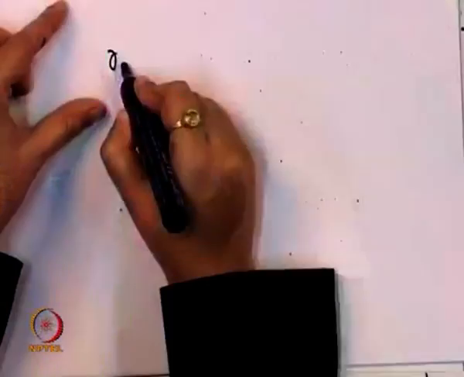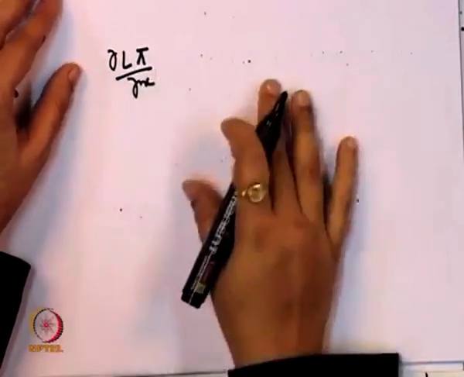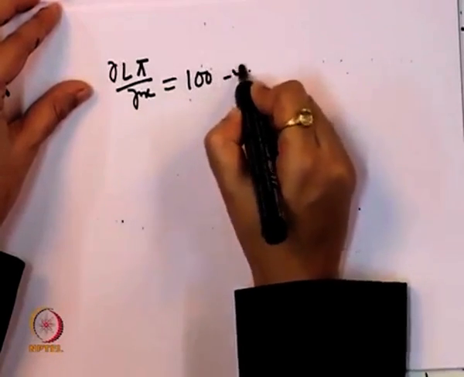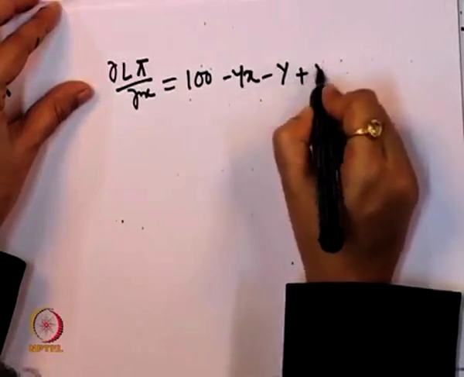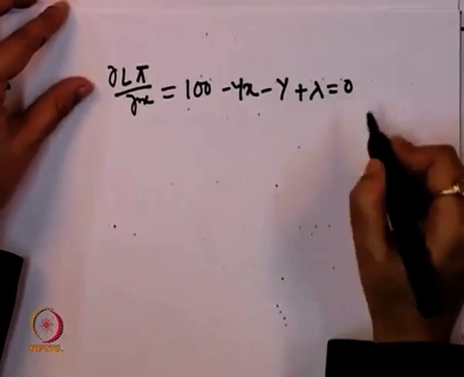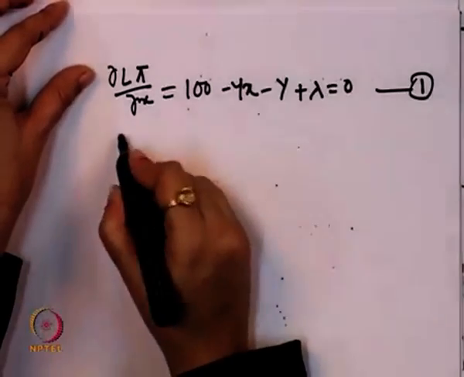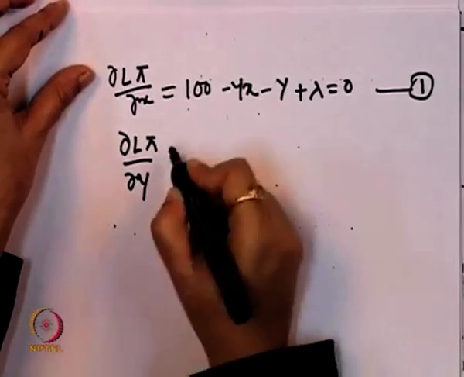So, we will take the first order derivative of L with respect to x. This gives 100 - 4x - y + lambda = 0, and let us call it equation 1. Similarly, for the second one we take the derivative with respect to y.